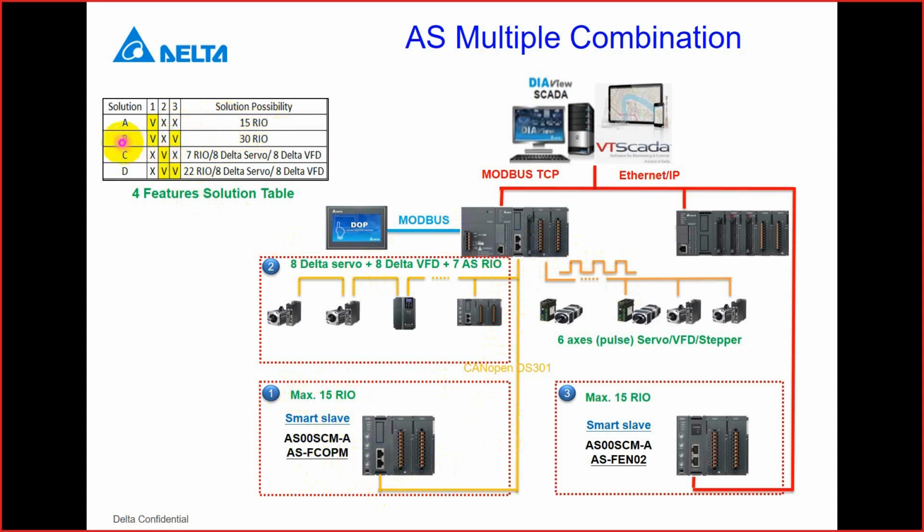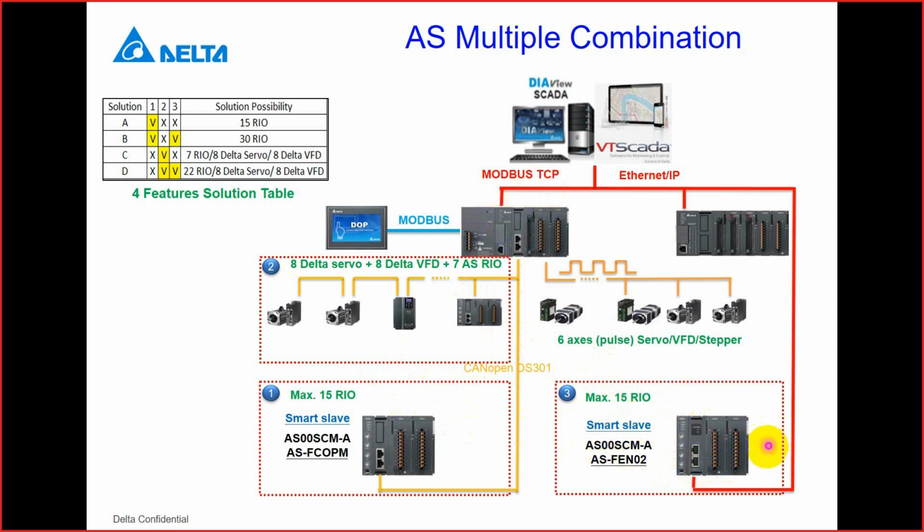And you will see solution B. So if today you really need a lot of remote I/O, then we can use CANopen and Ethernet IP remote I/O at the same time. But if you still remember, in the morning I emphasized that no matter whether you use local or remote, the maximum is 1024 points, okay?